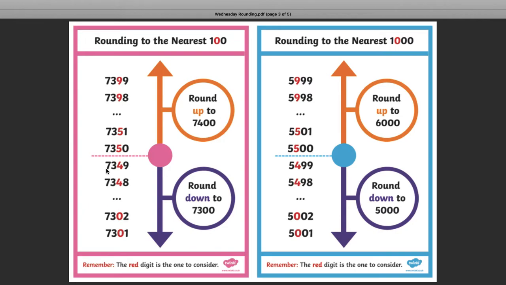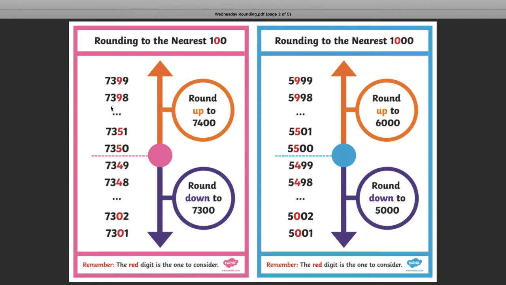For example, if you have 7,349 and you round it to the nearest 100, that one is 4, so we're rounding down to 7,300. Or if it was 5, like 7,350, you go up to 7,400.